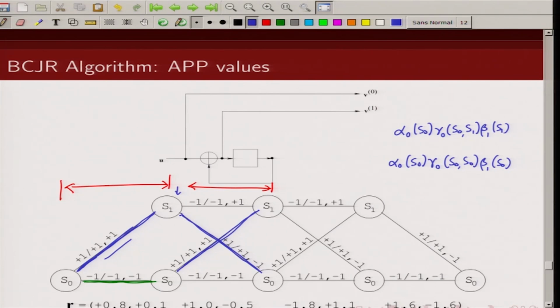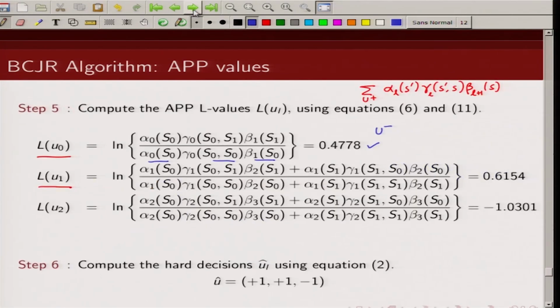So, in the numerator you will have two terms, one corresponding to alpha 1 S 0, gamma 1 S 0 S 1 times beta 2 S 1, and another term corresponding to this transition, which is alpha 1 S 1 times gamma 1 S 1 S 0 multiplied by beta 2 S 0, and that is what you see here.